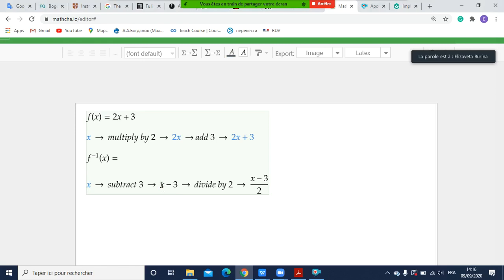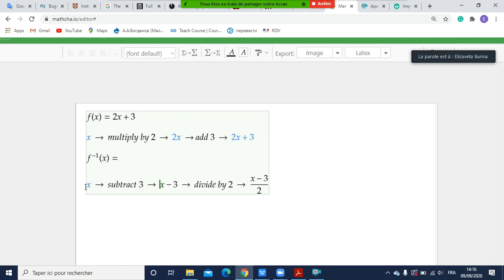What we want to do is to undo the whole process. To undo the whole process, we have to start from the end. If the last one was adding 3, then we have to subtract it. That reminds you of how to solve equations, for example. It's the same logic: we are undoing the process.